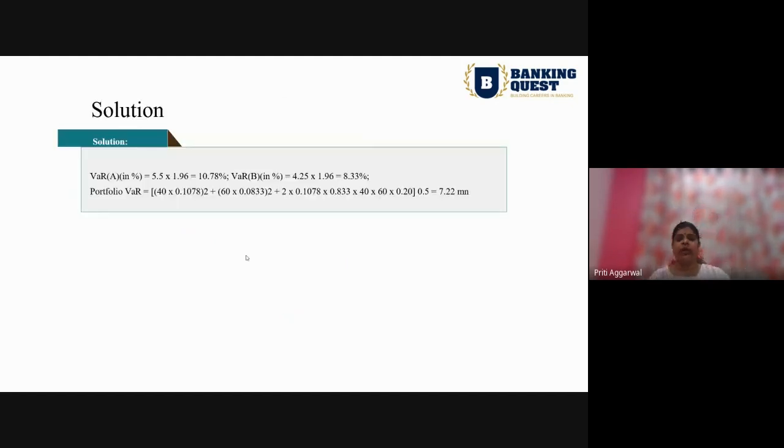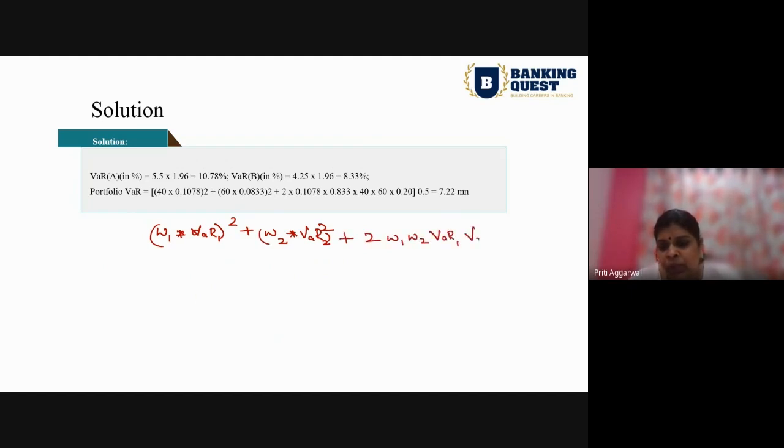I can determine your VAR of A and VAR of B, and then the portfolio VAR can be calculated with the help of the same formula, wherein W1 into VAR1, the whole square, plus W2 into VAR2, the whole square, plus 2 into W1 into W2 into VAR1 into VAR2 into your correlation coefficient of A and B. So this is how we calculate the VAR of your portfolio.